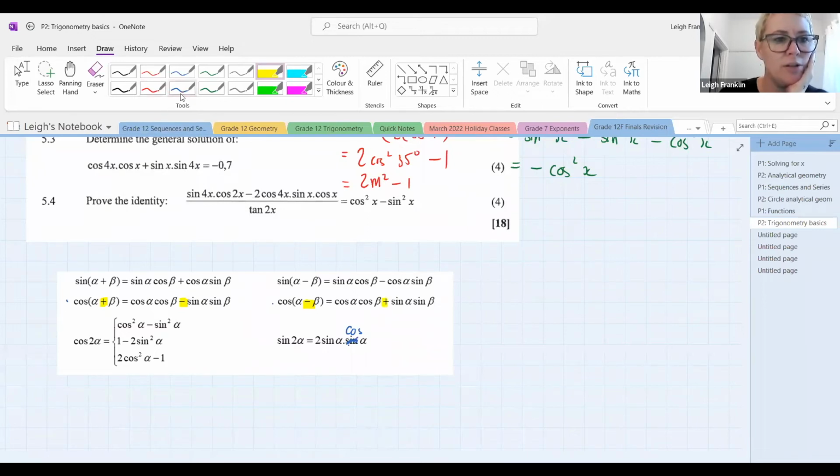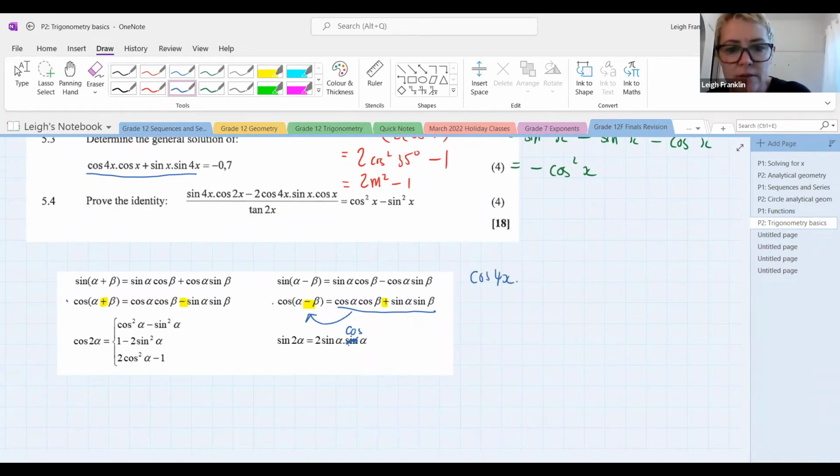So what I can do now, because what I have on the left-hand side looks identical to what I have on the right-hand side, is the reversal of the expansion. So I can write cos 4x cos x plus sine x sine 4x equals negative 0,7.